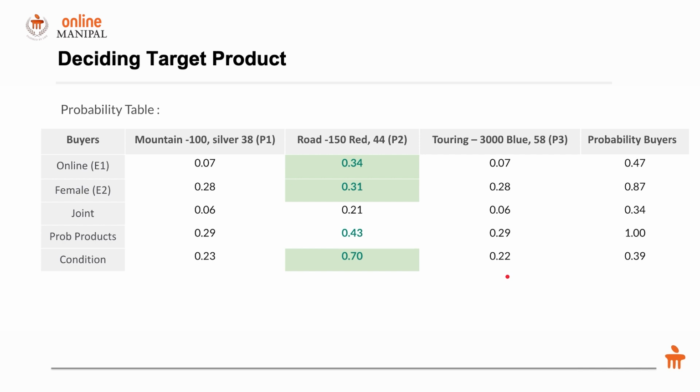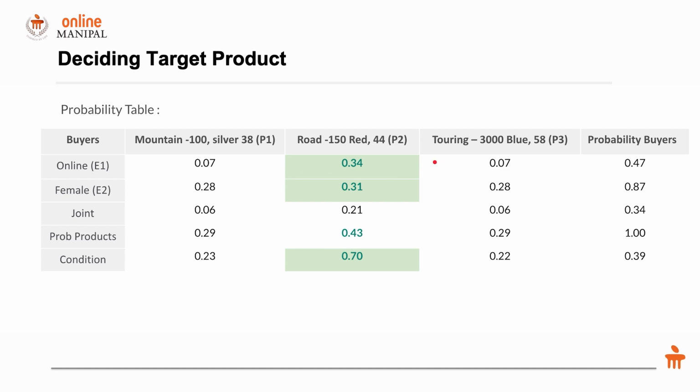Here as well, the probability for product 2 is highest. So overall, looking at all these numbers, we can clearly conclude that product 2, which is Road 150 Red, could be our primary focus product to start our campaigns. Although in some cases the probability is not significantly high, it is at least higher than the other products that we have started with.